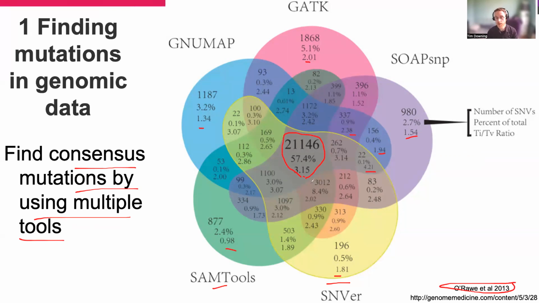The idea behind this is simply that there are errors induced by library prep and other things, so there are errors associated with each of these models. Those errors, in theory, should not be related to each other. Consequently, if you use 2 different algorithms to identify SNPs, they should have independent error models, so that the intersection of those SNPs should be more accurate, and the ones that are unique to each are more likely to be associated with an error.